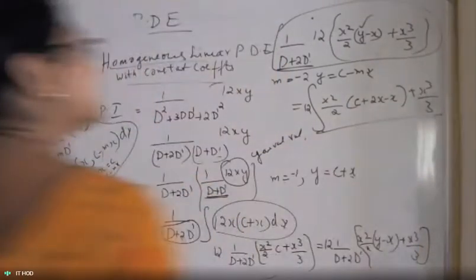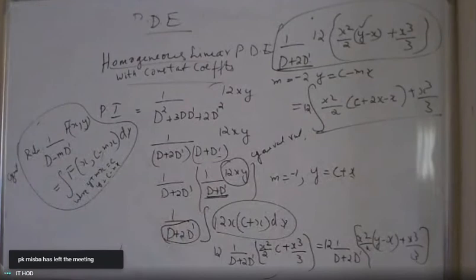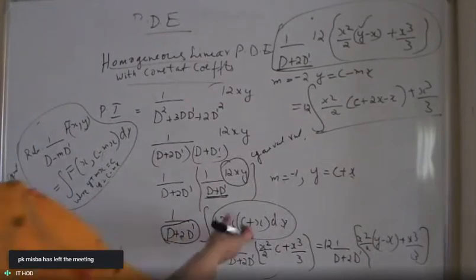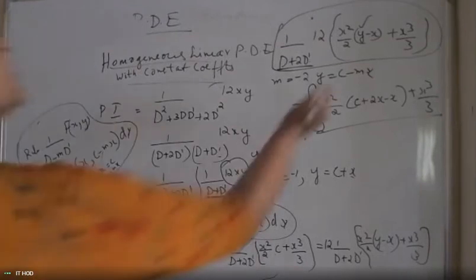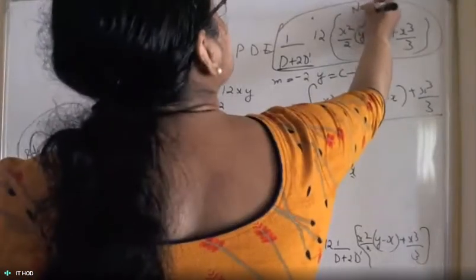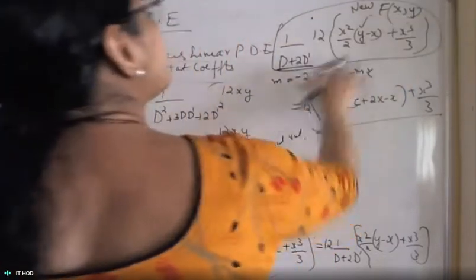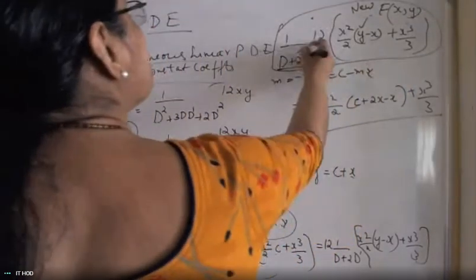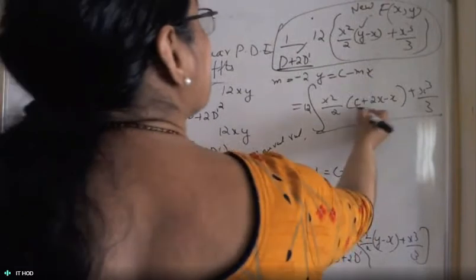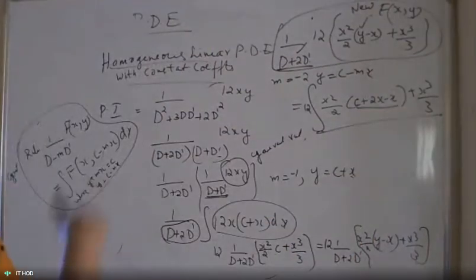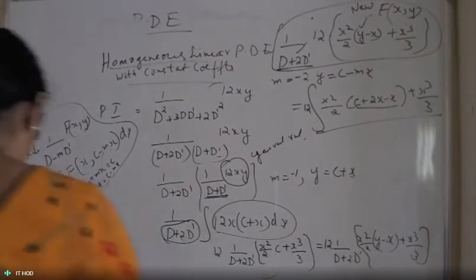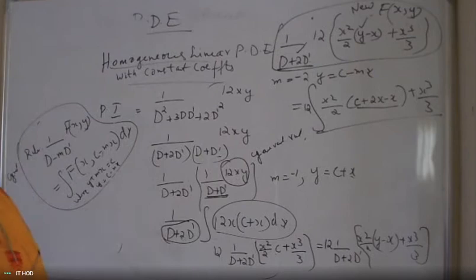Again you integrate this and that will give you the answer. So this is the general method. Once you finish the first part, your new f of x, y will be this one. Then you start again with this m, find y, and integrate again. This general method is very important. Okay, so the general method is done.